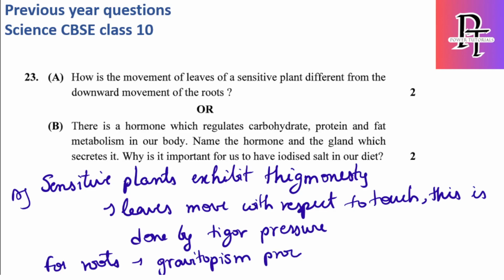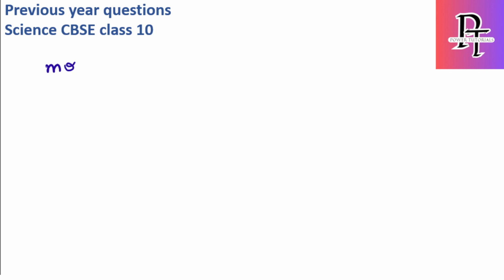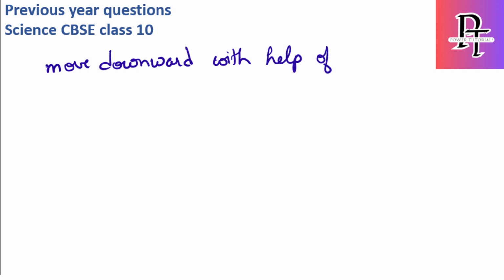This process is where roots move downward with the help of gravity. Okay, this is enough, and you can also say the example of a sensitive plant is the touch-me-not plant.